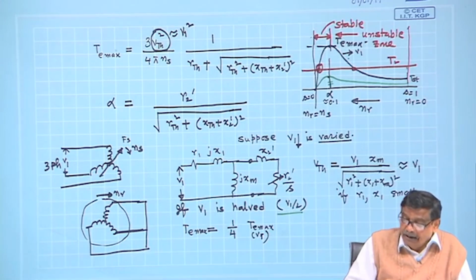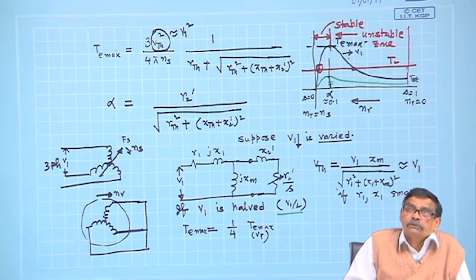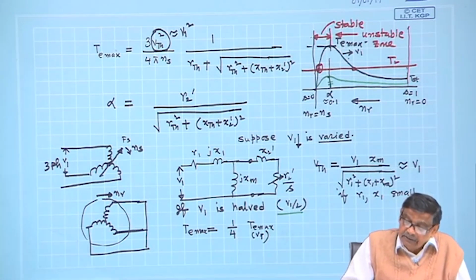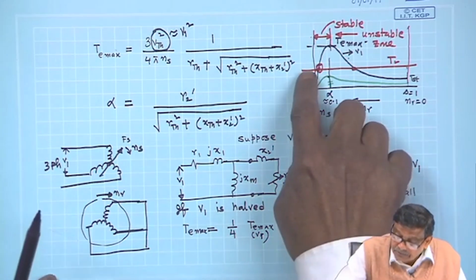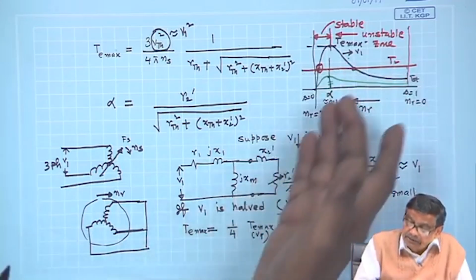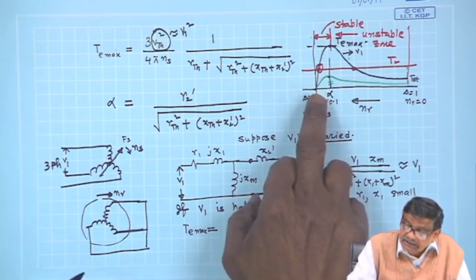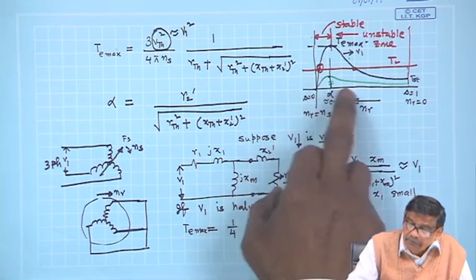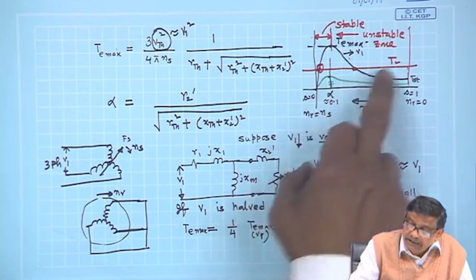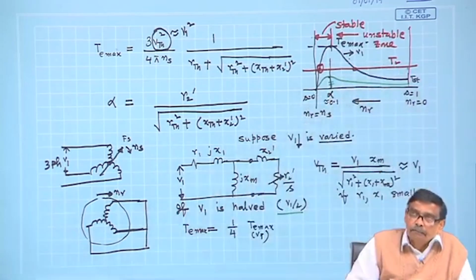And therefore, under an applied voltage equal to half the rated voltage, and suppose this is the full load torque of the machine, you can easily see you cannot supply a full load torque, because the machine is not at all capable of developing TL in its range of 0 to 1.